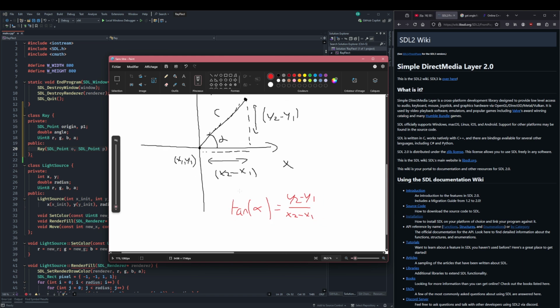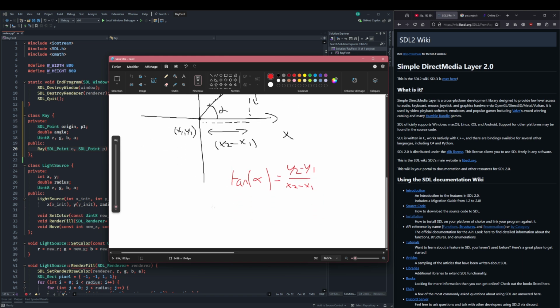This is just trigonometry, and so if we want to get alpha, we can apply the inverse function of tan, which gives alpha, which is in itself equal to all of this.